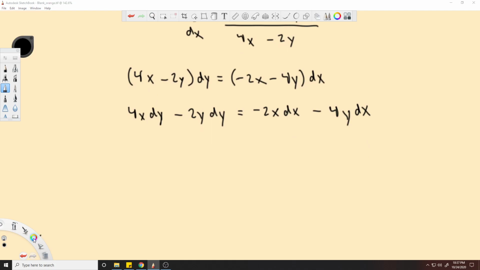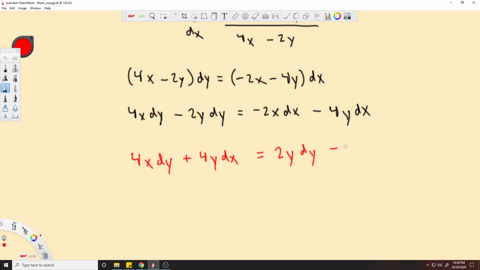I'm going to move the terms that have an x with a dy and the y with dx, and I'll show you why. So 4x dy plus 4y dx. I just added this one over. I will add this one over, 2y. This should be a dx. Oh no, I'm wrong. 2y dy.